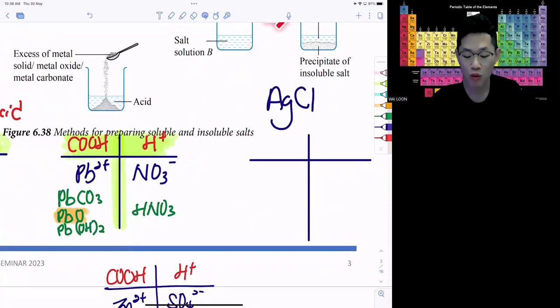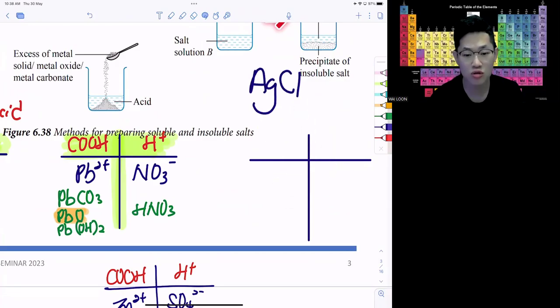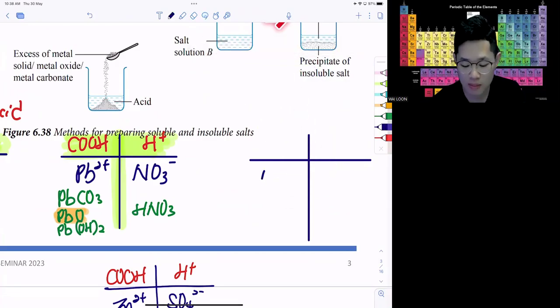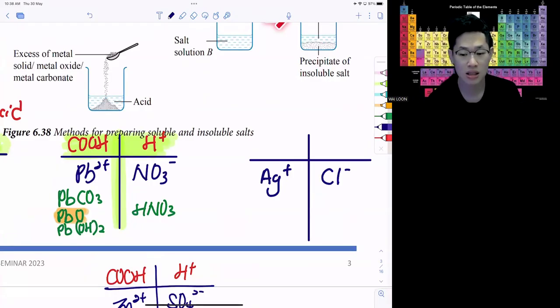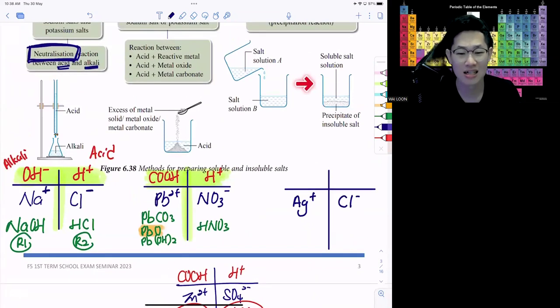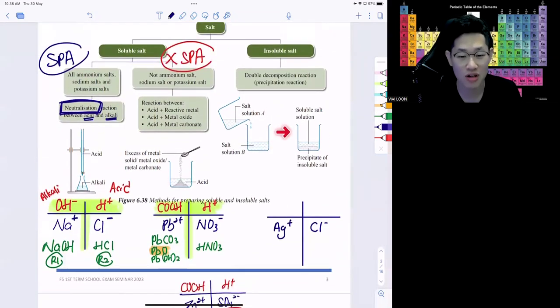Same thing, I want to make AgCl, so I'm going to put AgCl into the cross. Ag plus, Cl minus. Just like that. Okay, then what should be placed on top of the cross?